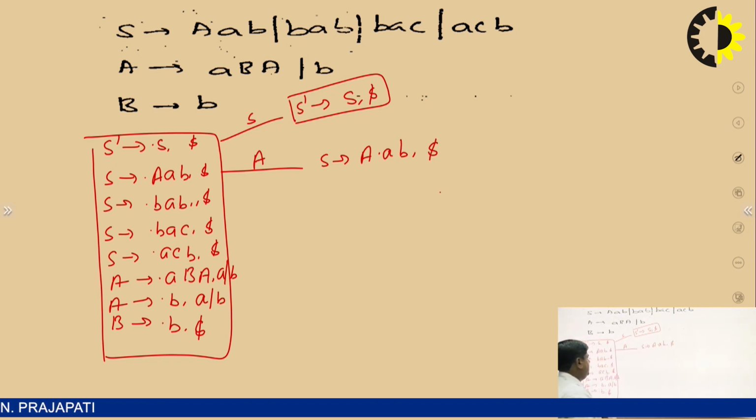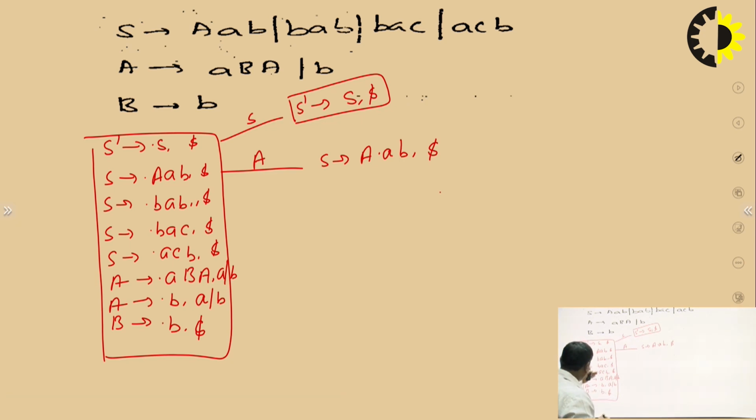Dollar. No need to explore further. Anywhere A? No. Now B, these two productions, and the same input is B. Now this one is separate. No further exploration is allowed, because this is a terminal.